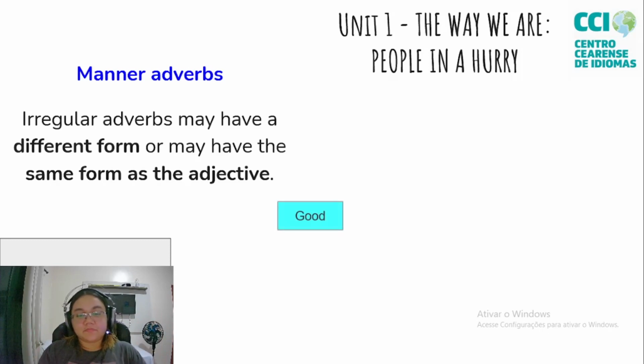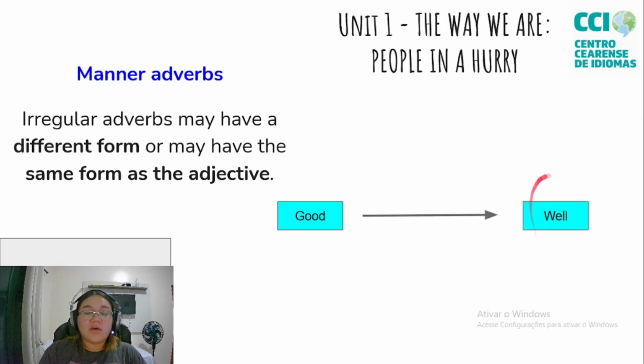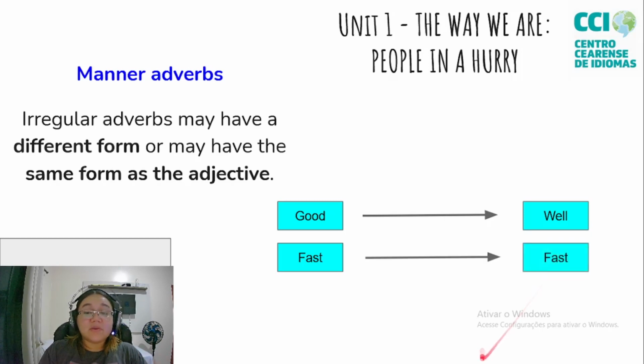So the adjective good has an irregular adverb. It becomes the word well, a different word. But if we have the adjective fast, when we turn it into an adverb, it remains the same. It's the same word, but now it's an adverb. See?